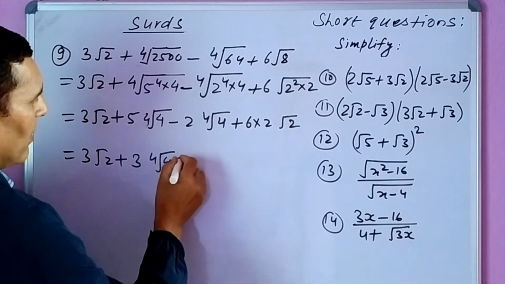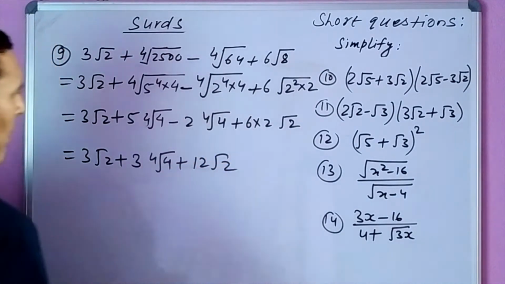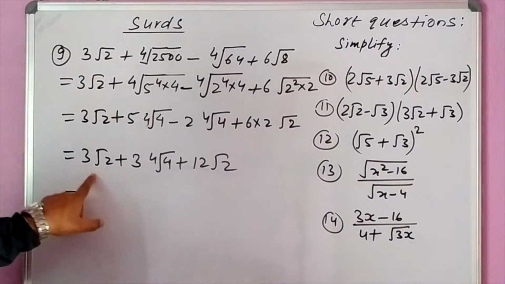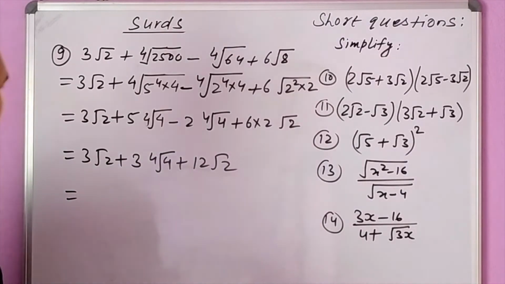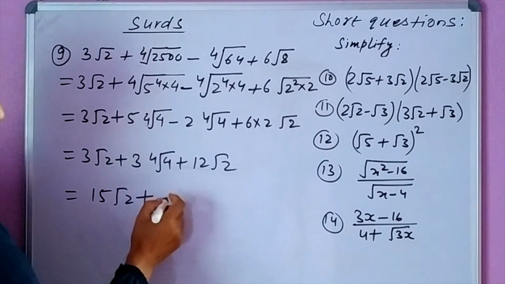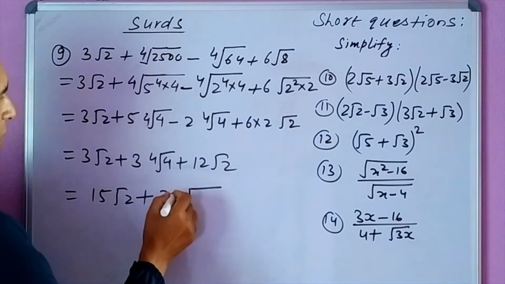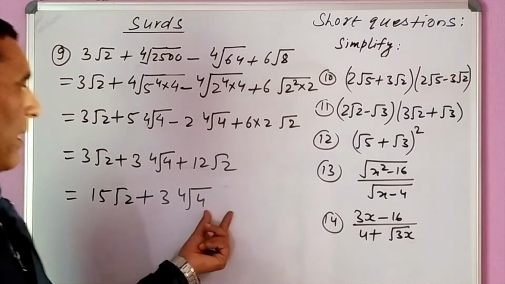And this also, 6 into 2, is 12 root 2. Now this first and last surds are also like surds, 3 root 2 and 12 root 2. So 12 plus 3 is 15 root 2. And this has coefficient 3, and order and radicand are both 4 for this second surd.